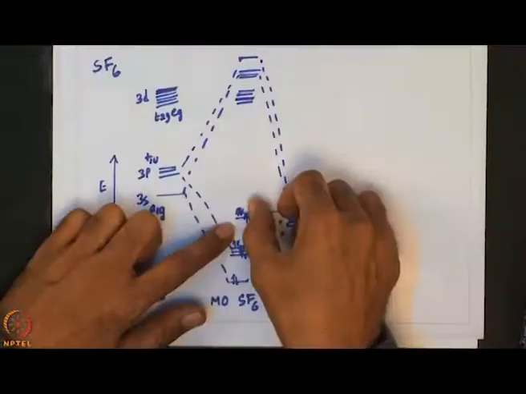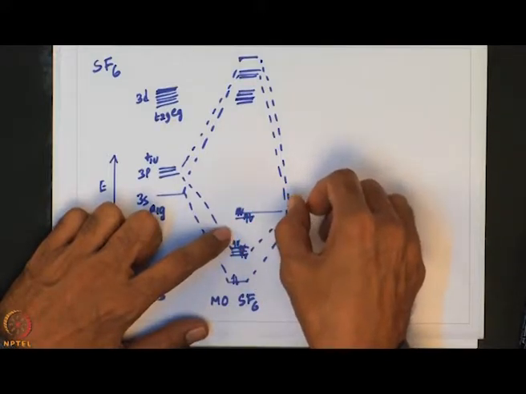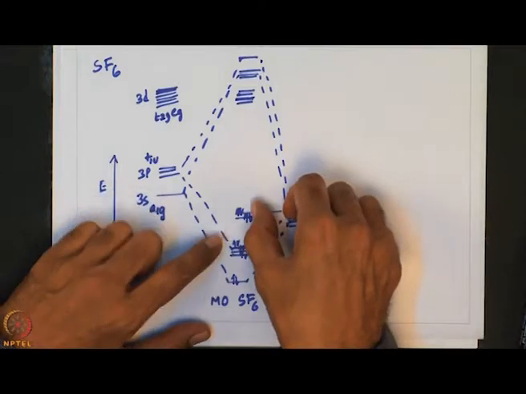So, it essentially indicates d orbitals are not participating in the formation of the SF6 molecule, and it is essentially a hypervalent molecule. And here, these 4 electrons coming from F essentially remain as non-bonding.